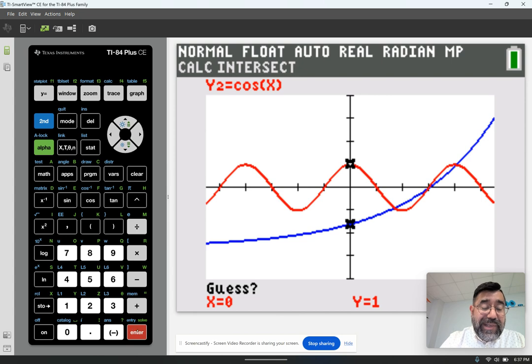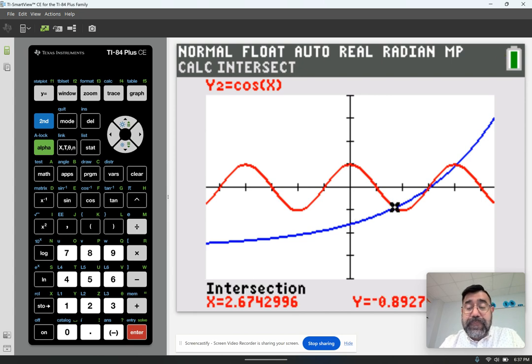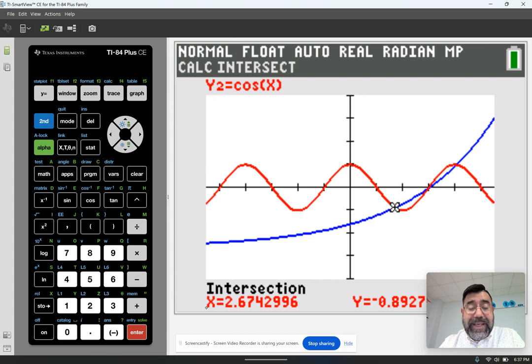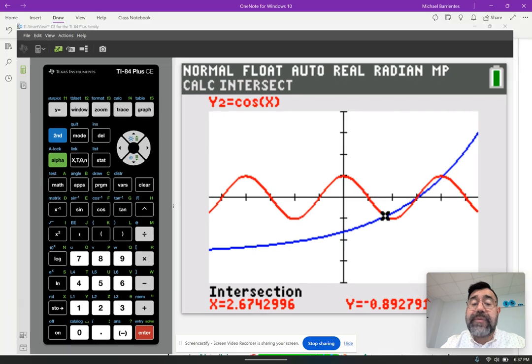I don't know, but just press enter, and it's going to find it for you. So at this point, the x value is 2.674, right? When I write it down, I'm going to write it up to 4 decimal places because we have to be accurate up to 3. So I'm going to write 4 just to make sure. 2.674 is what I'm going to write down.